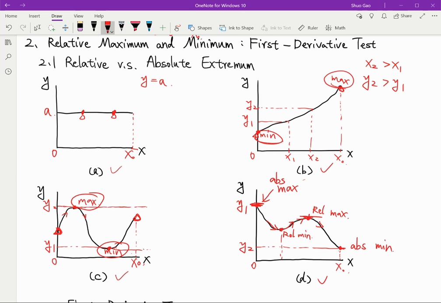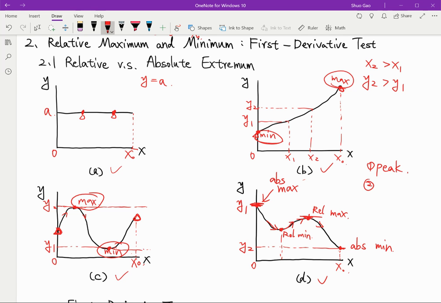The peak point is a potential candidate for the absolute maximum, although it may not be the absolute maximum, right? But it's a candidate. So we need to find any potential peak values in the function.